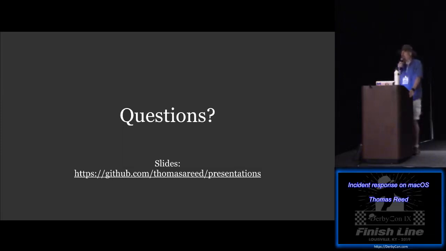So for training purposes, you can actually use a VM. You can run macOS on a Mac in VMware or Parallels. But you could also just get a little Mac Mini, hook it up to a monitor and a keyboard and a mouse and use that. Nice thing about the Mac, recent versions of macOS have a new file system called APFS.